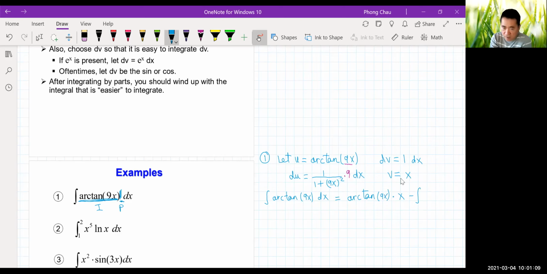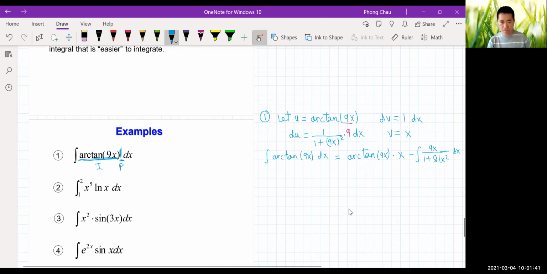So that's x times 9 over this quantity. I'll simplify that by putting x and 9 on the top of the fraction. That'll be 9x over 1 plus 81x squared dx. So v du, 9 times x, put on the top.